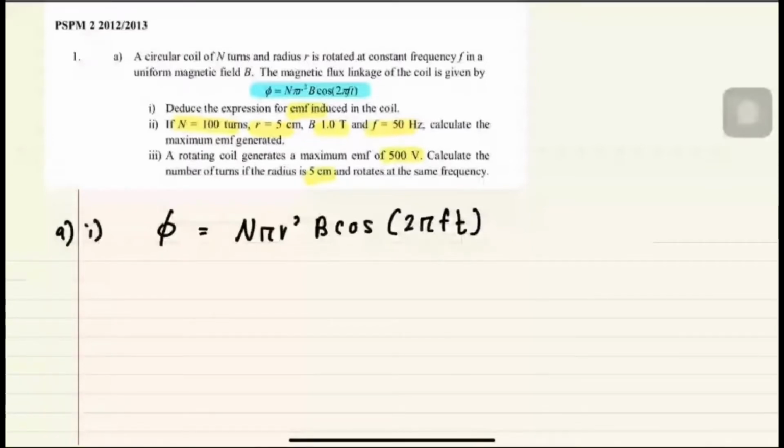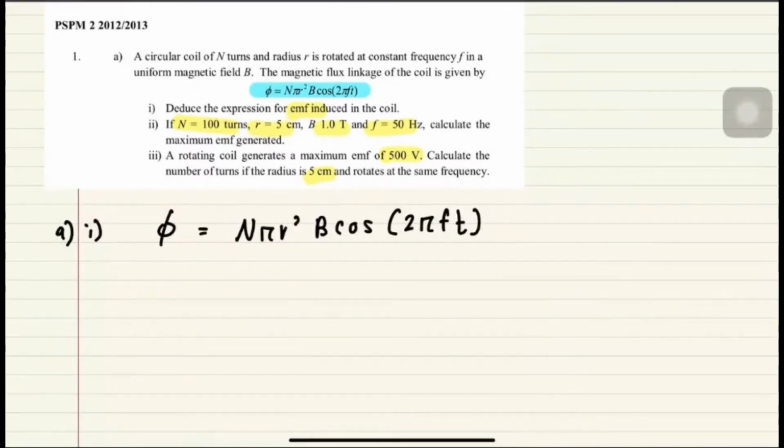Equation 43 states that EMF is equals to negative d phi over dt. So EMF is equals to negative d phi over dt.